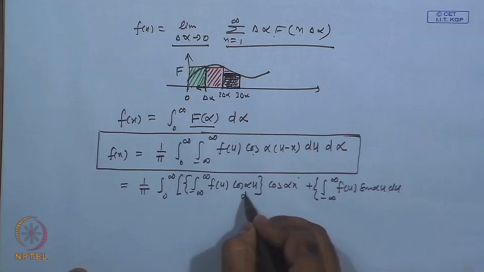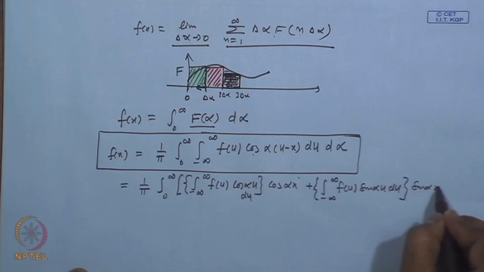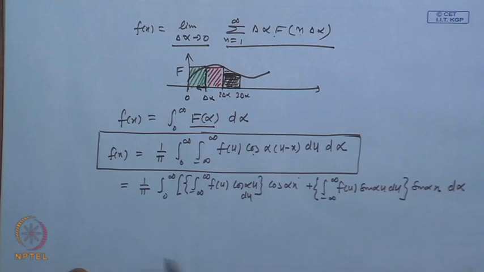So, here du is missing, and then du and sin alpha x, and then we have at the end d alpha for this integral.